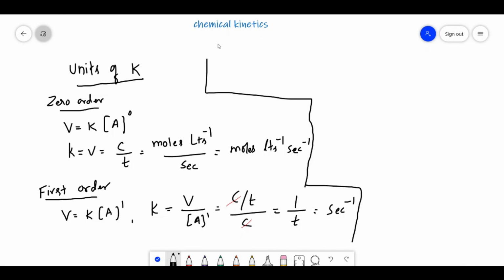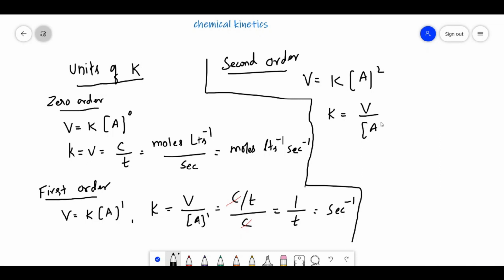And next, I will write one more example. Let us take some second order reaction. For a second order reaction, V is equal to k concentration of A power of 2. And in this, k is equal to V by concentration of A power of 2, which is equal to C by T by C square.